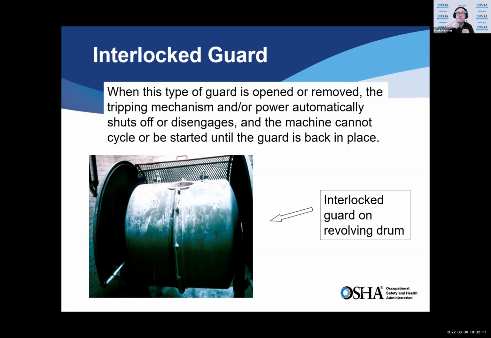The illustration here is a revolving drum, but it has an interlock guard on it. Think of a trash compactor. You ever see the trash compactors out on the loading dock where they're emptying garbage? Yeah, that's got an interlock on that machine. And that guard that you pull down has to be in place before that machine can cycle. Again, an example of an interlock guard.